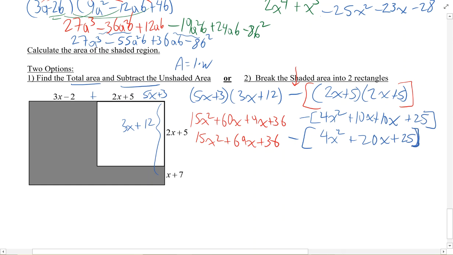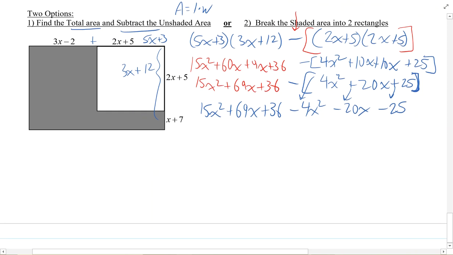Oops, big square bracket there. And then I'm going to rewrite it and drop my brackets and make sure my signs get fixed. So the first polynomial, nothing happens. But here now, these signs all change. So that becomes a minus 4x squared, a minus 20x, a minus 25. Then I will collect like terms, the last little bit here.